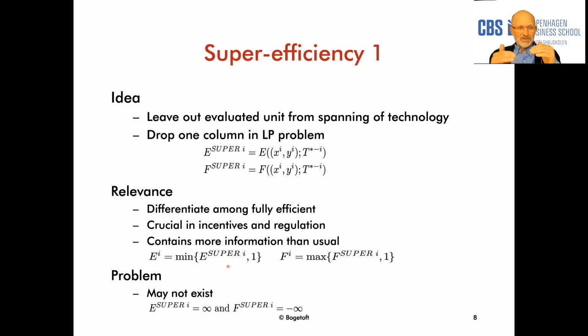But if you are not allowed to help define the frontier, then if you want to do a proportional reduction, you might not meet the frontier. If you want to do a proportional expansion, you might not meet the frontier. And in that case, you basically cannot calculate super efficiency, or we would say that you get a super efficiency of infinity or minus infinity. Okay.